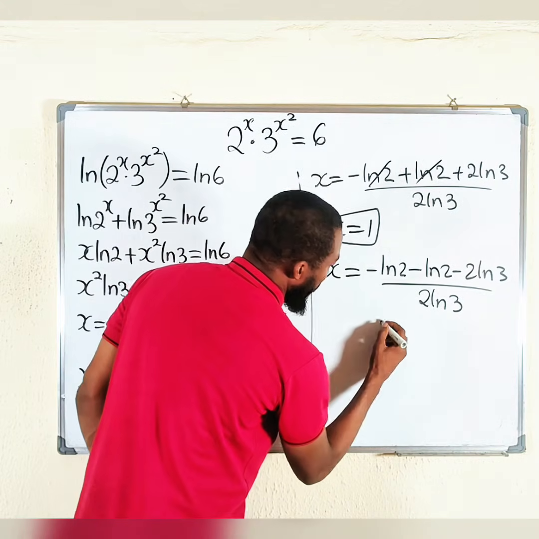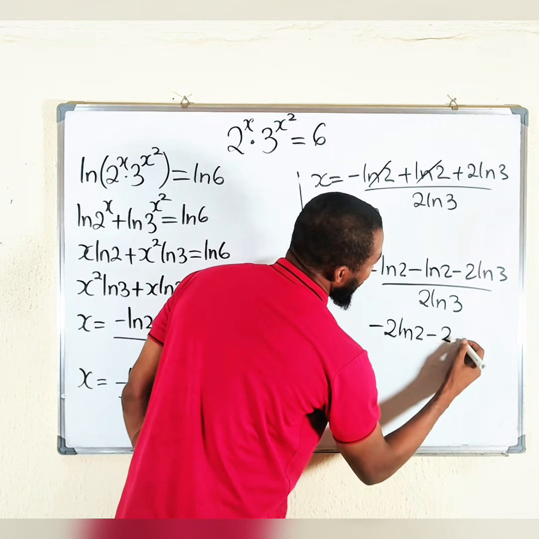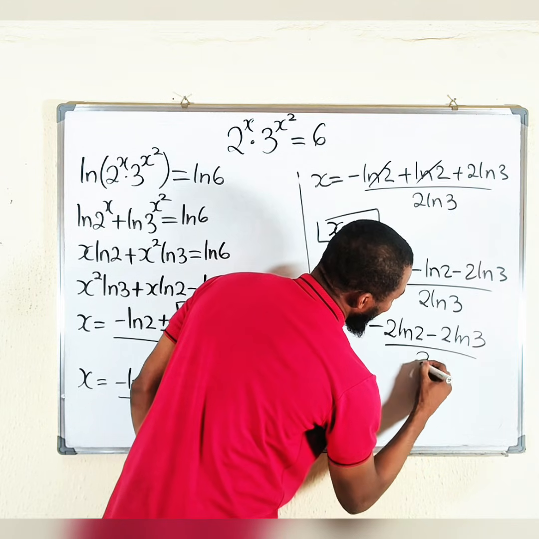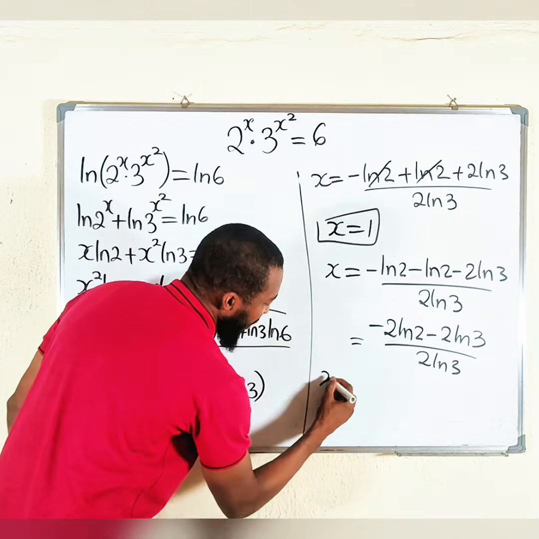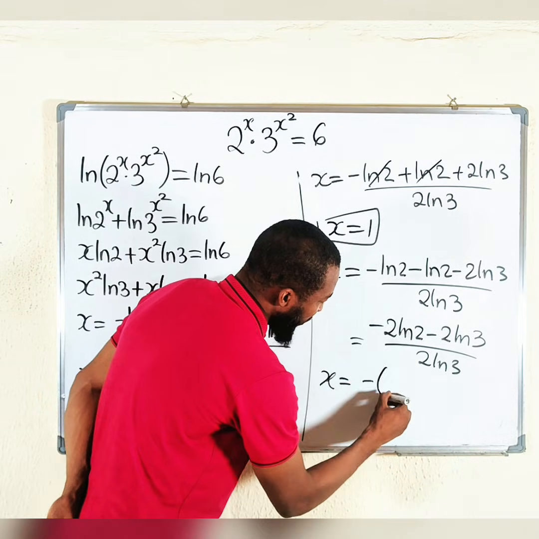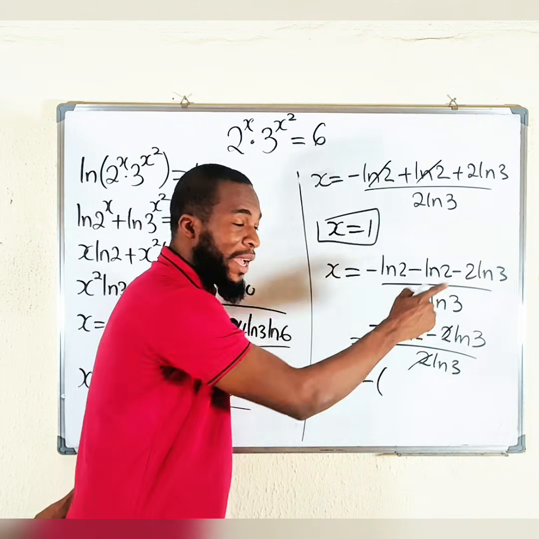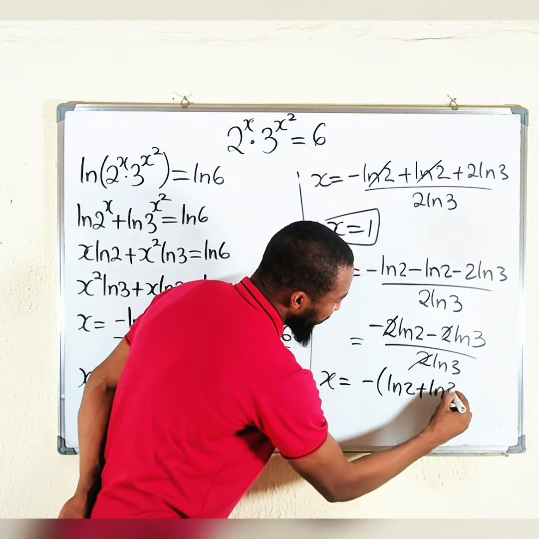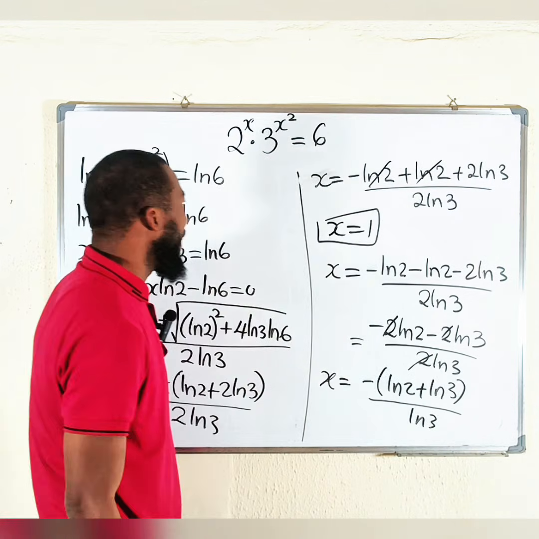Minus 2 of this natural log of 2's minus 2 natural log of 3 divide by 2 times natural log of 3. You can factor out the negative sign. So minus outside, inside you have, and these 2's will cancel, right? So you have natural log of 2 plus natural log of 3 divide by natural log of 3.